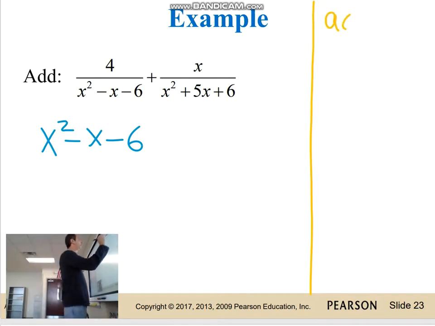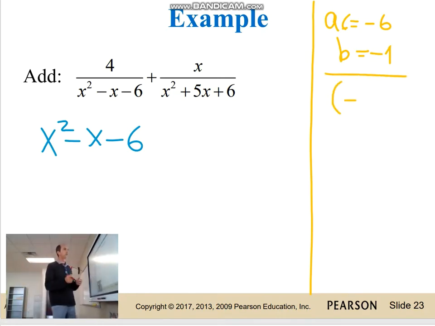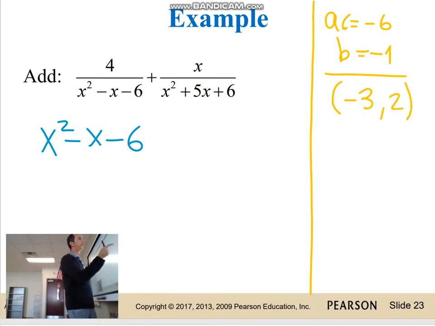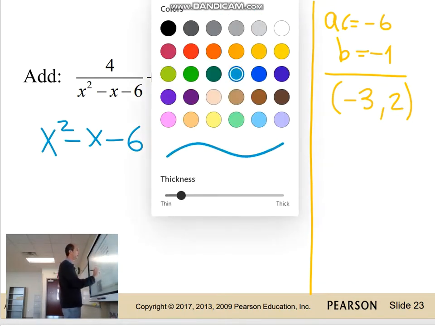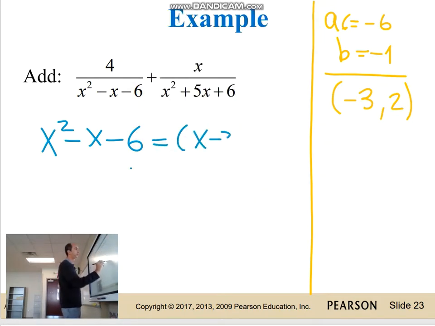AC is -6, B is -1. Two numbers that multiply to -6 and add to -1. After you work on your scratch paper, you're going to find that you might use -3 and 2. -3 plus 2 is -1, -3 times 2 is -6. So this equals x minus 3 times x plus 2.